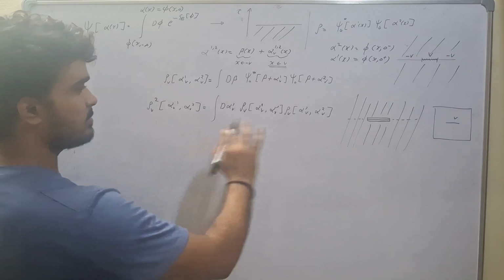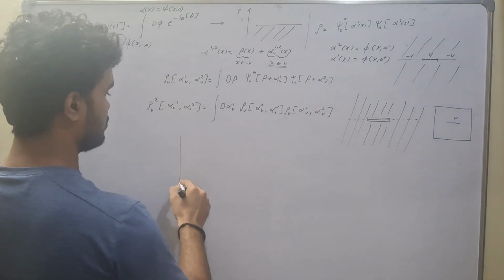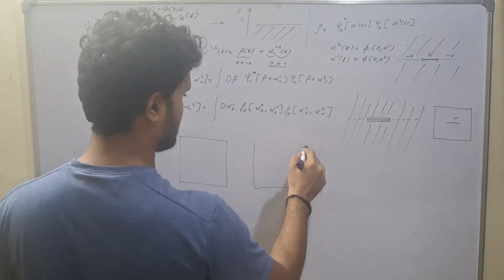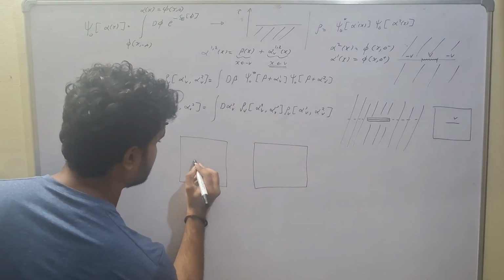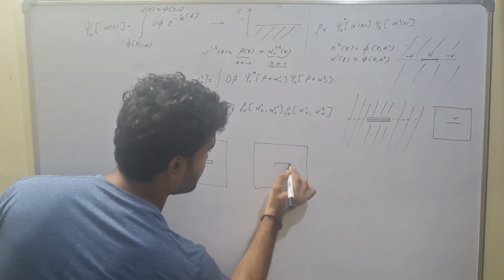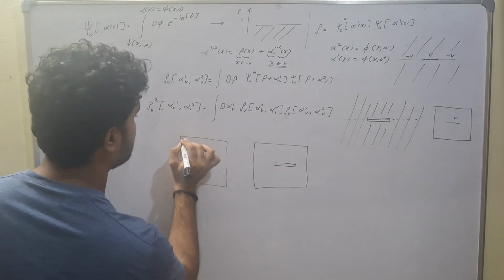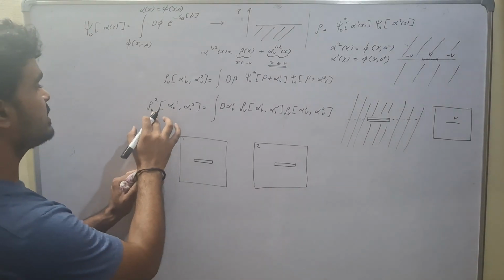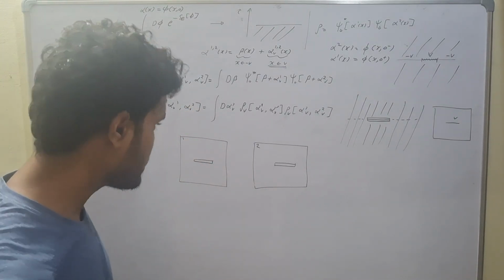And what we have done here pictorially is to take two replicas of the space with V cut here and V cut here. This is replica 1, this is replica 2. Since we are taking rho V squared, we have two copies.